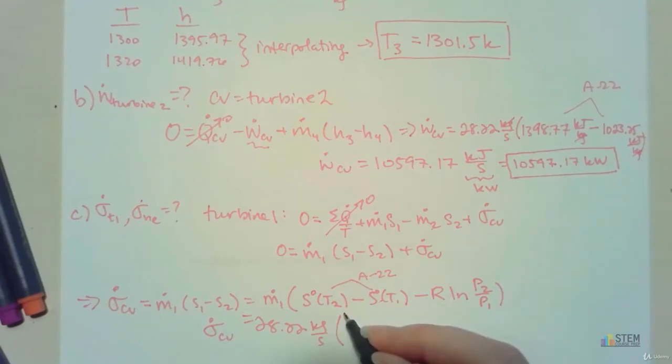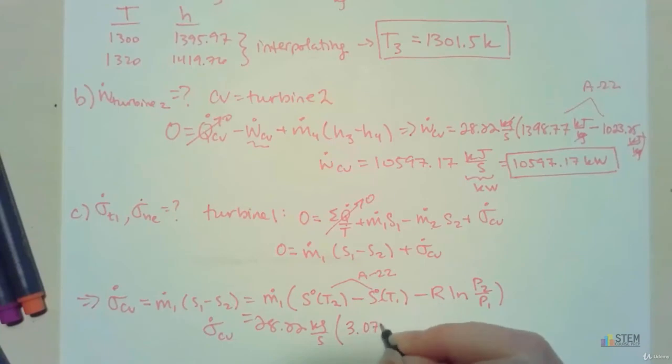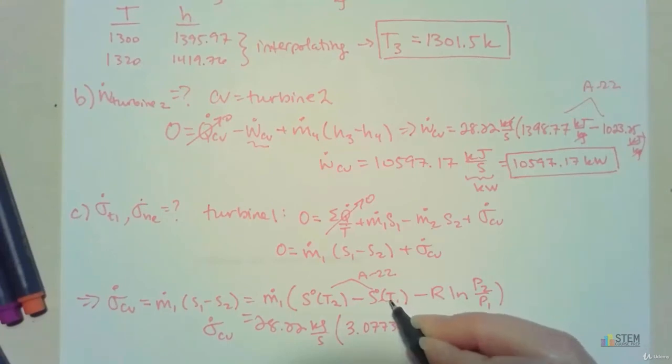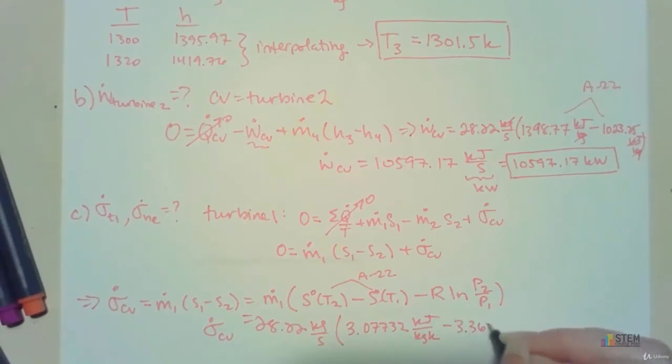Alright, so at temperature 2, which is 1100 kelvins, the value you get in the table is 3.07732. That's kilojoules per kilogram Kelvin. We're going to subtract the s value you get at T1. T1 was 1400, so you'll get 3.362. And that's kilojoules per kilogram Kelvin.